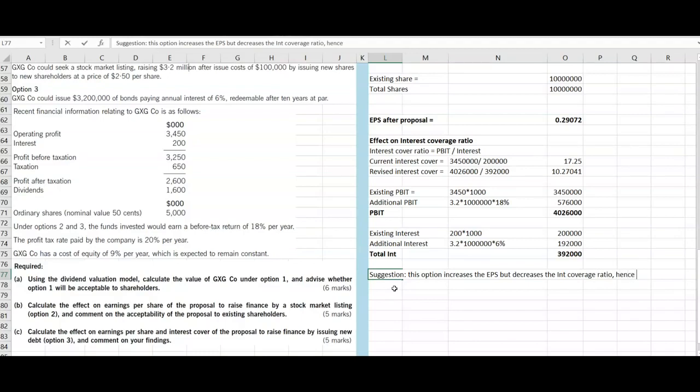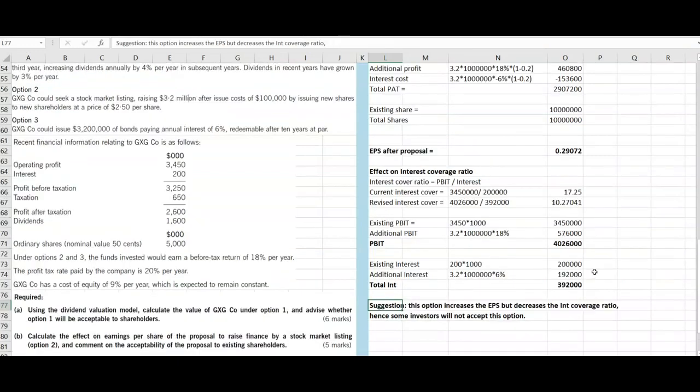Hence, some investors will not accept this option. So we have come to our final element.